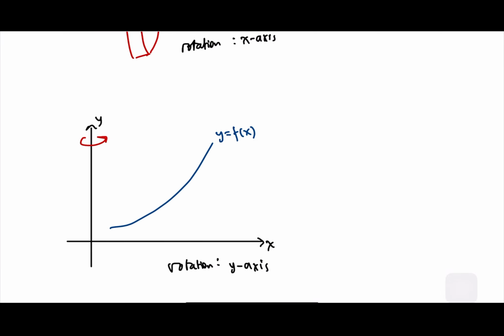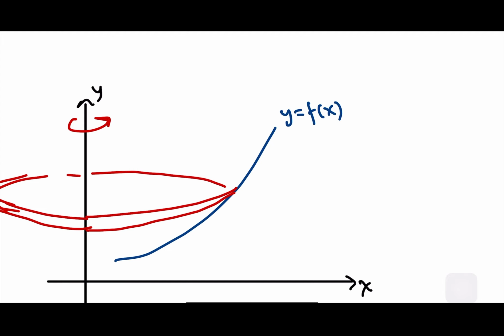So let me draw how it looks like. Although it's not really centered and proportional, you can see that we have the radius now changing from y to x, right? This is x.